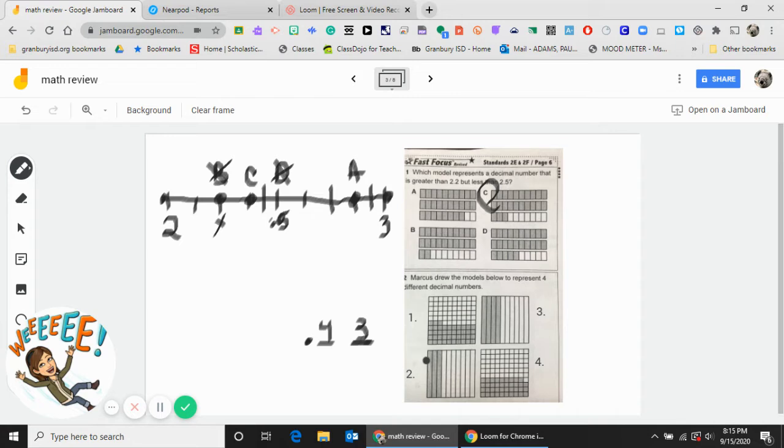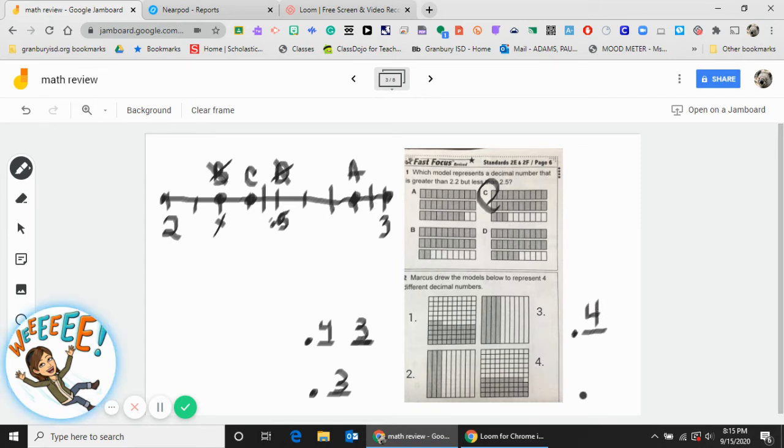Number 2, it's using full tenths. Okay, it's broken into tenths, so I'm just going to put decimal and 1 line for the tenths. When I count my tenths that are all filled in, because we always count the shaded part, it is a 3. Number 3, again, I'm just working with full tenths, so I just need 1 line past my decimal, and I've got 1, 2, 3, 4.